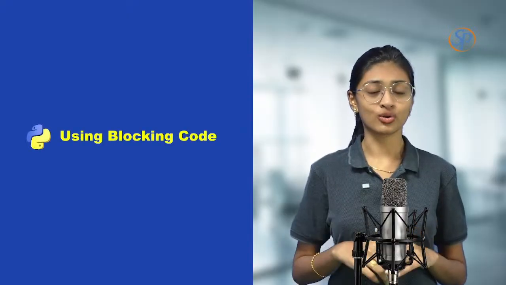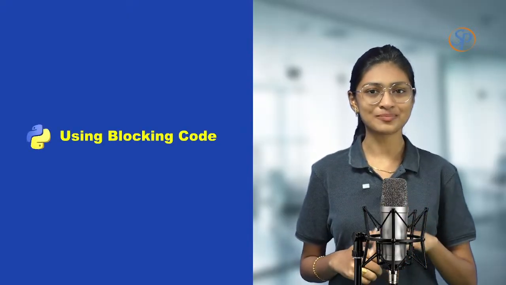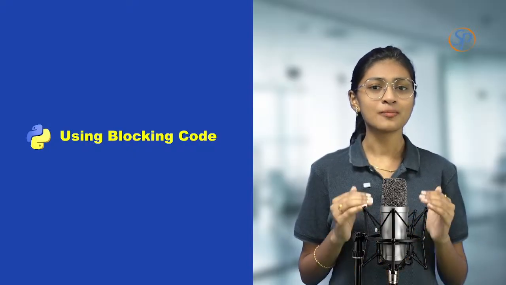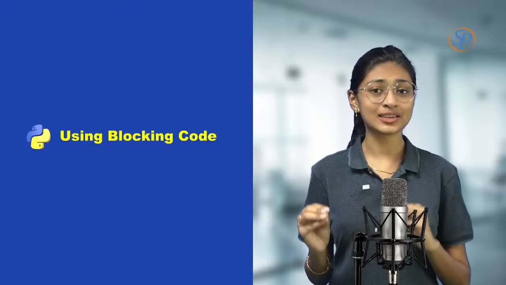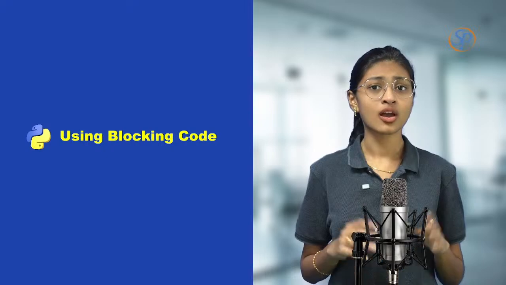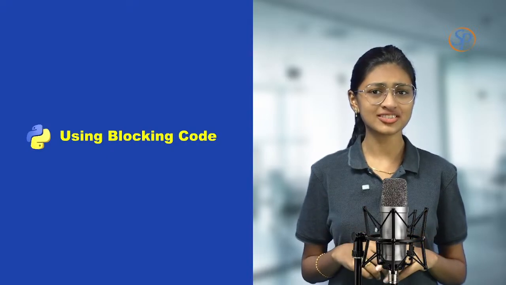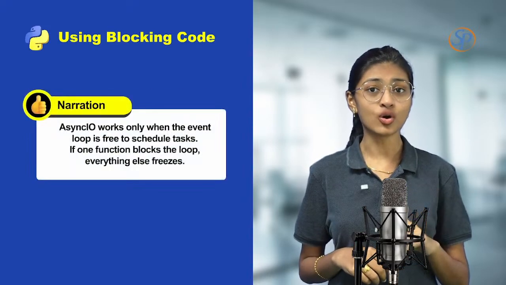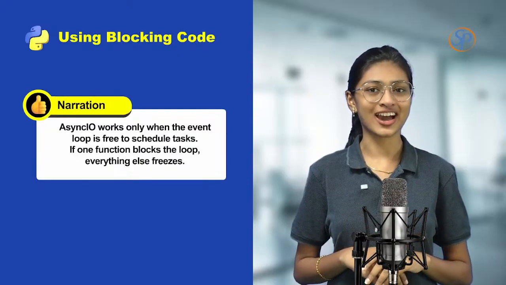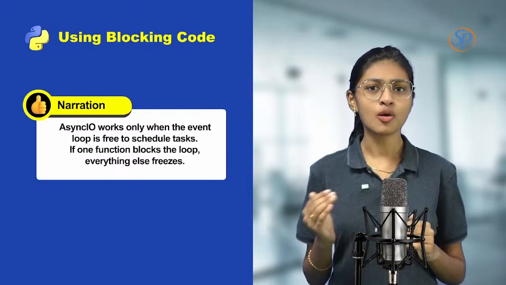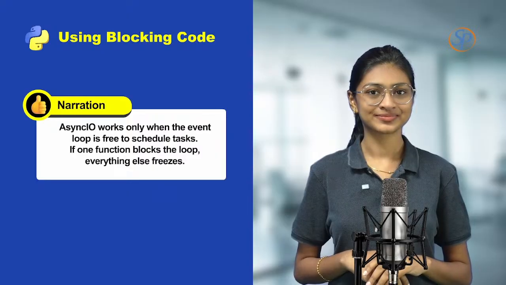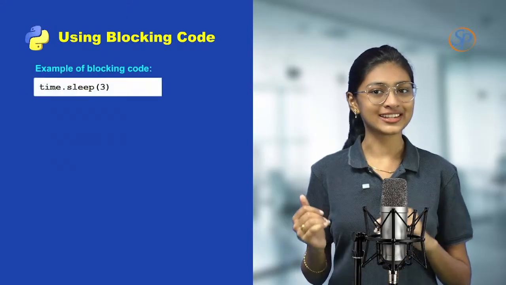1. Using blocking code. A critical async mistake. One of the biggest challenges beginners face is accidentally mixing blocking code inside async functions. Why is blocking code dangerous? Async IO works only when the event loop is free to schedule tasks. If one function blocks the loop, everything else freezes. Now we'll see an example.